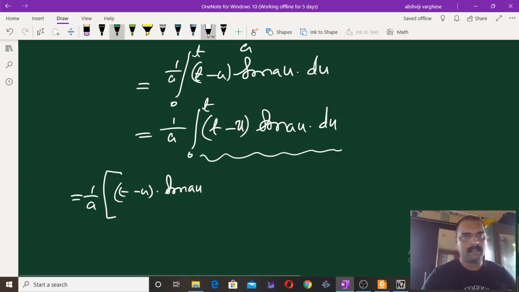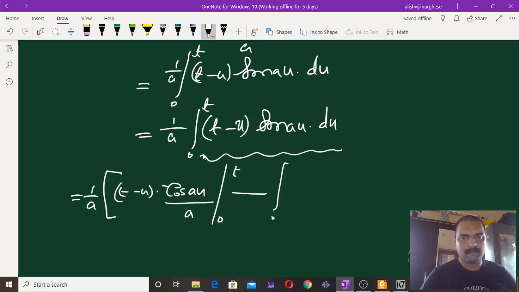The integral of sine au is minus cos au divided by a, so it is minus cos au divided by a in between 0 and t, minus the integral of the derivative of the first with respect to u, that is minus 1, into the integral of the second, that is minus cos au divided by a, and here we have a minus sign before.